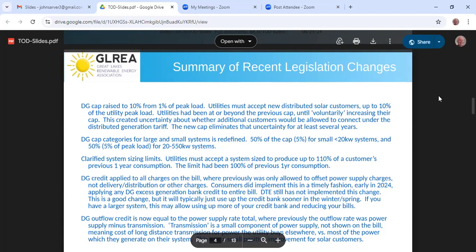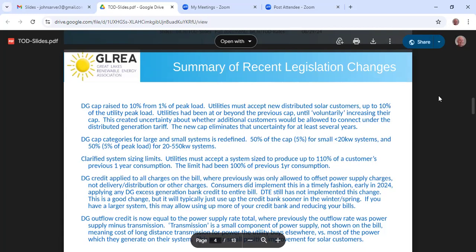The DG cap was raised quite a bit to 10% from 1%. It was also changed how that's defined. And so this means that there's no uncertainty, at least in the near term, the next few years at least, whether or not if you install a system, you'll be able to connect under the existing tariff.